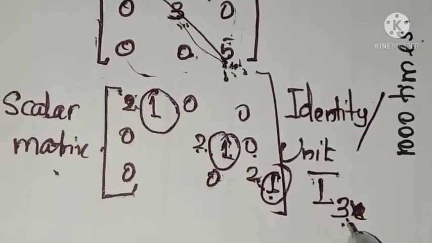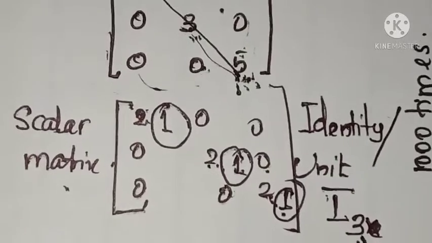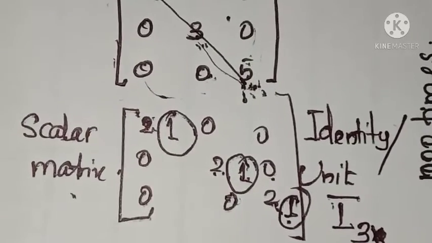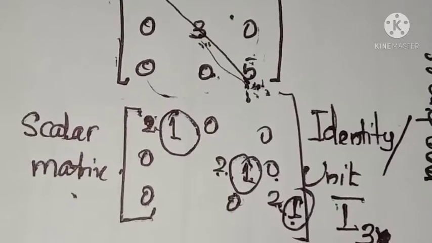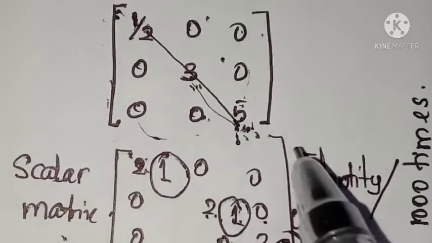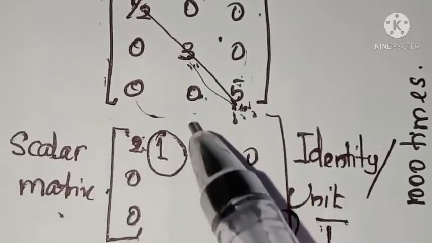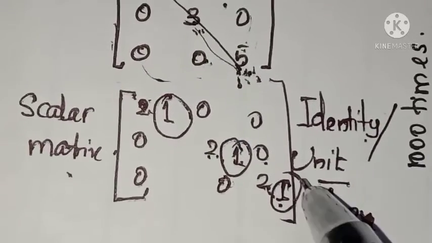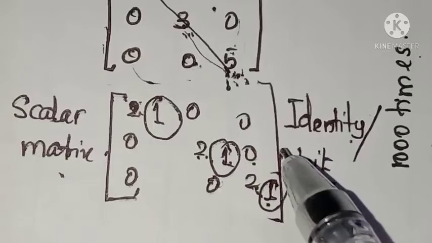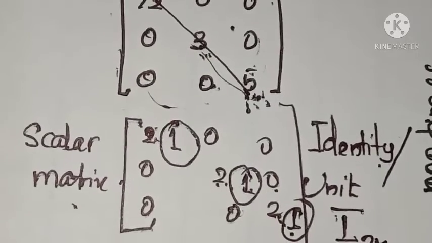I3 means it is a 3 by 3 identity matrix. So these are the different types of matrices: column matrix, square matrix, row matrix, diagonal matrix, scalar matrix, as well as identity matrix. Go through the notes and study it well.